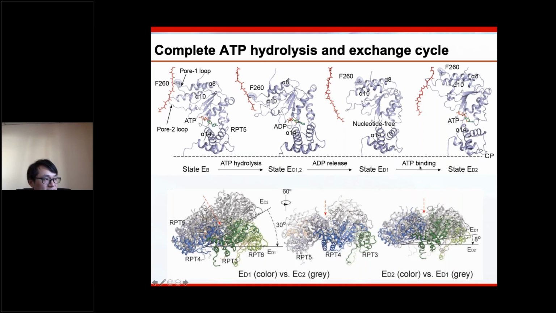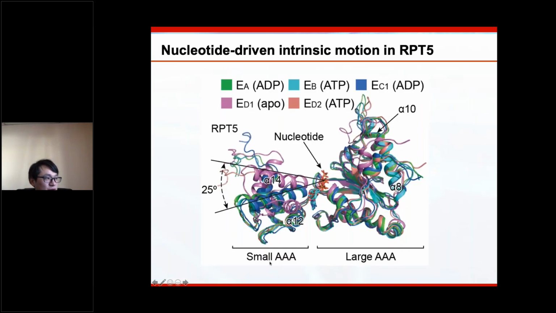So ATP binding moves the small AAA domain against the large AAA domain, or vice versa. It's very similar to what we see in the RPT6 subunit.